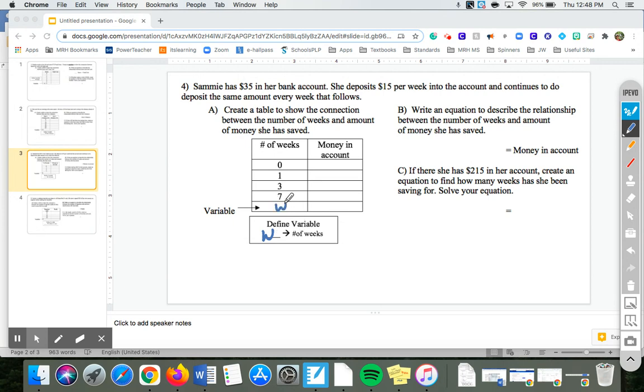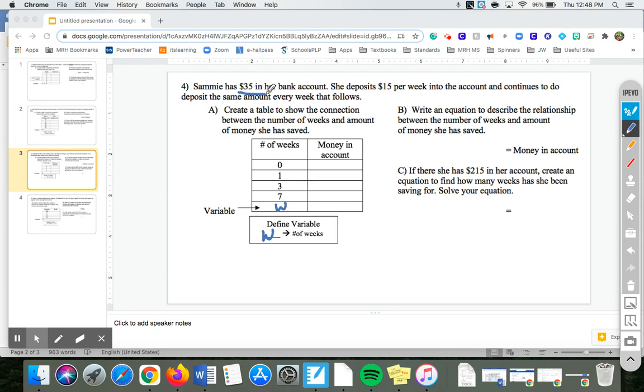So the variable W, and now if we're looking at this and trying to solve, at 0 weeks, how much will she have in her account? This is completely different than the last problem that I showed you, where she starts with money in her account.